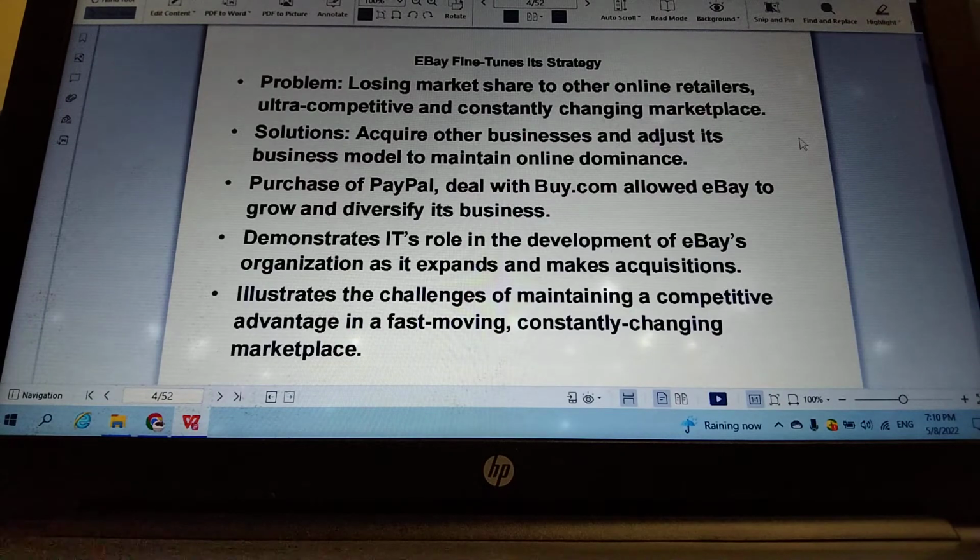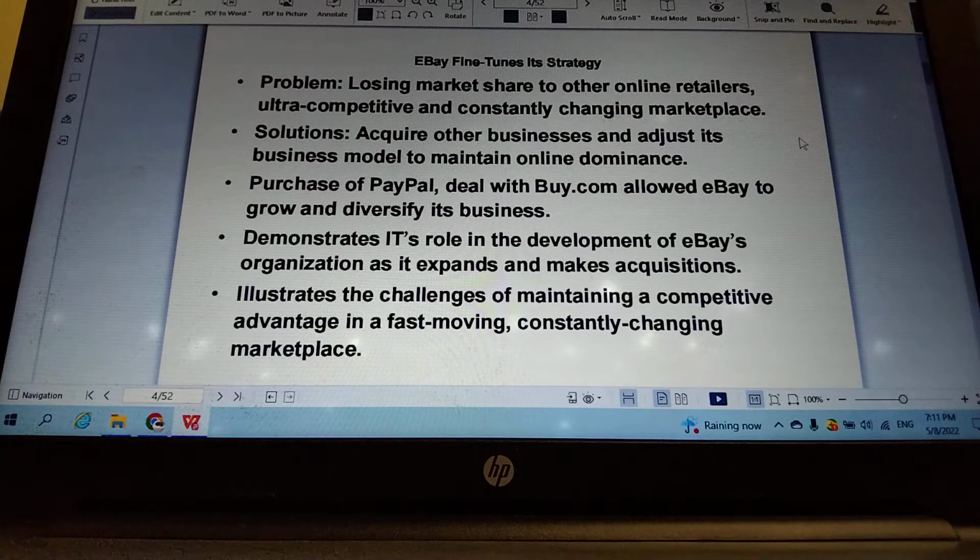So what eBay did was make use of MIS system to acquire other businesses and adjust its business model to maintain and be dominant online. So that was one of the steps or solutions taken by eBay in order to overcome this issue. Next, what they did was purchase PayPal.